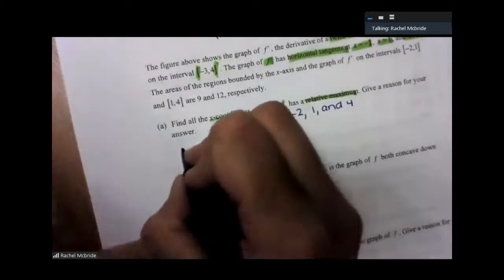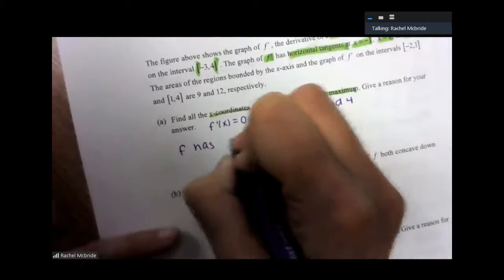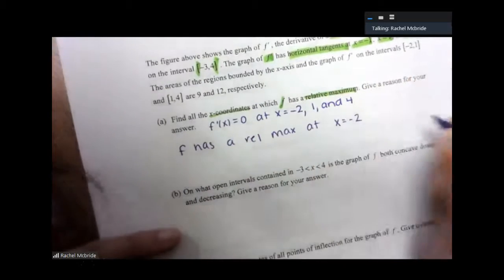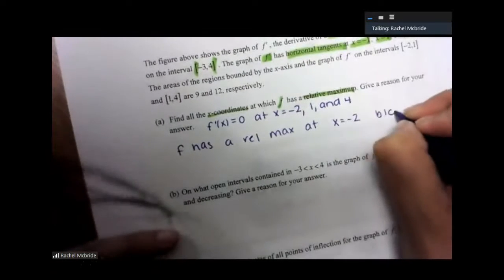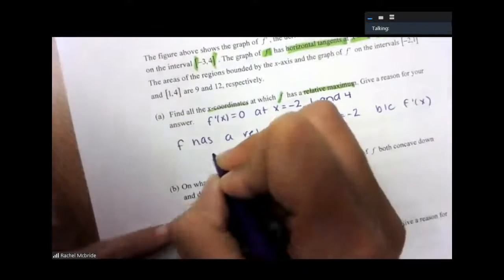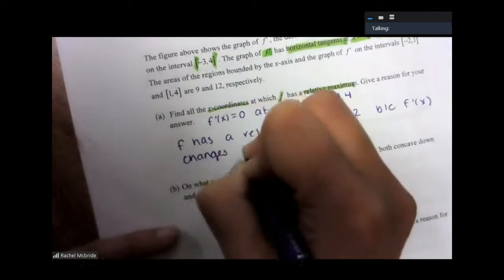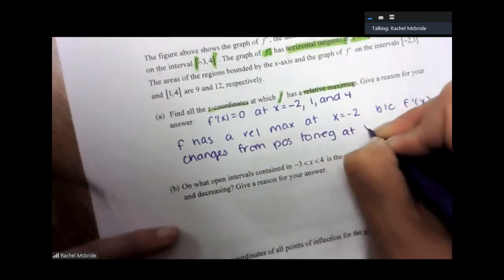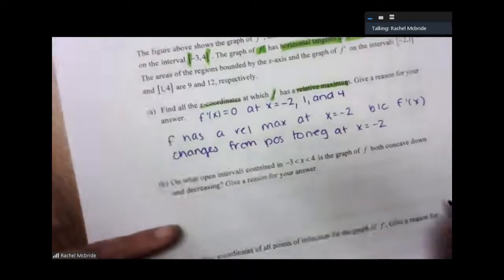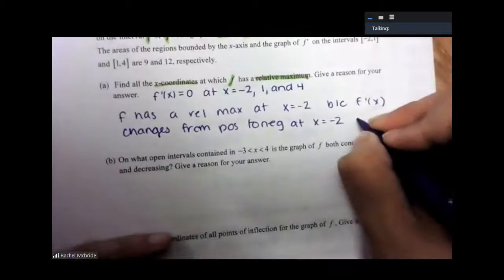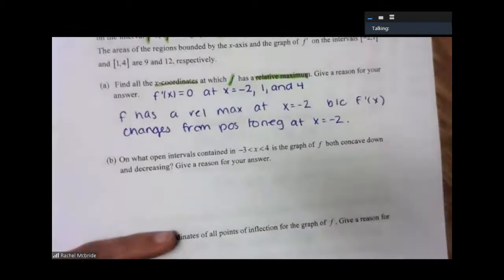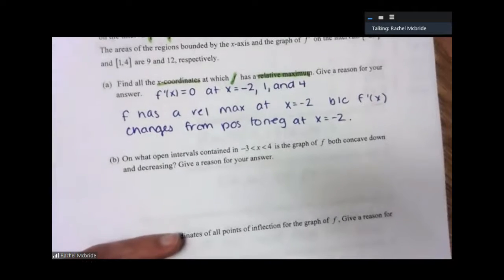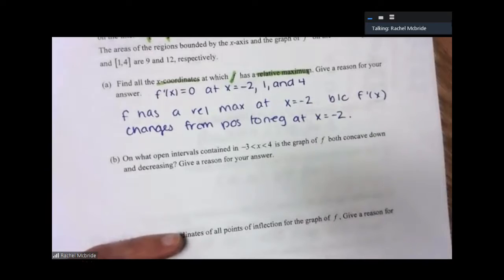So you would say f has a rel max at x equals -2 because f prime of x changes from positive to negative at x equals -2. That is probably a 2-point question on the AP exam. So you could earn 2 points out of 9 for getting that.